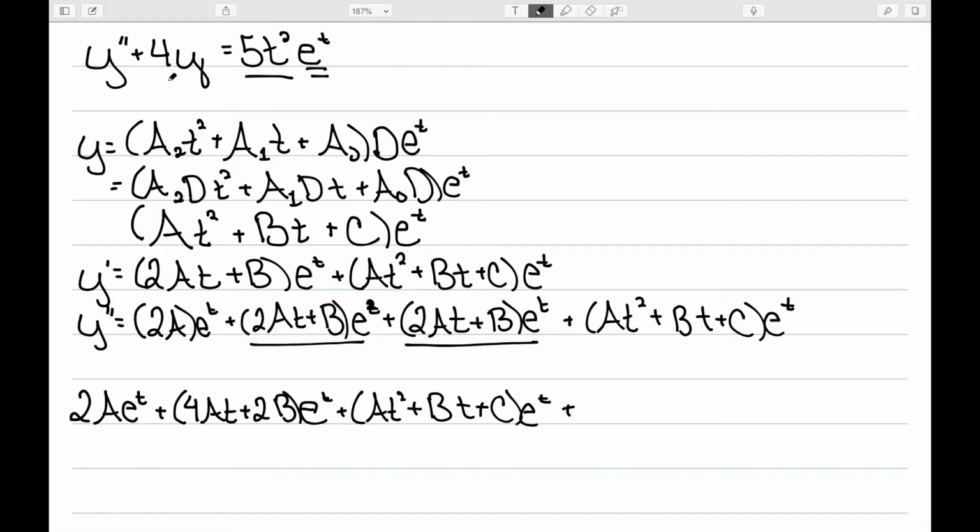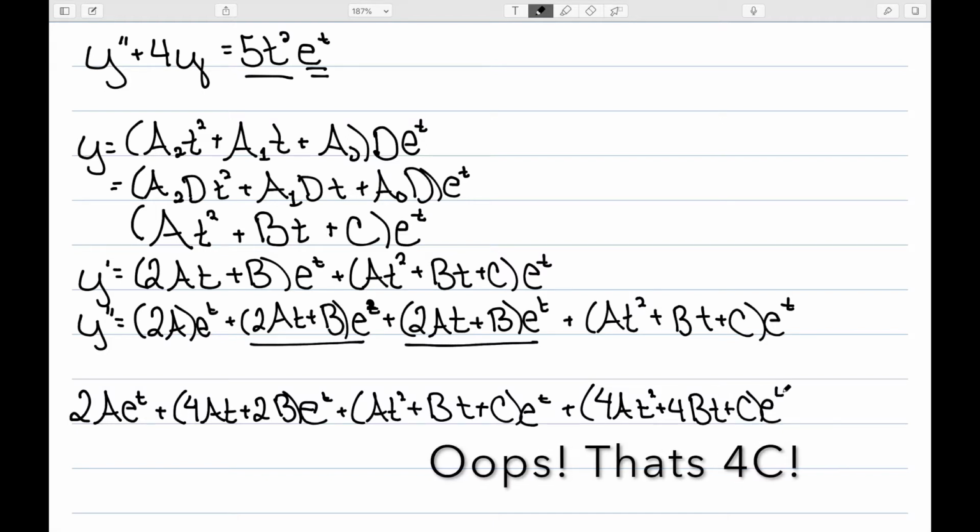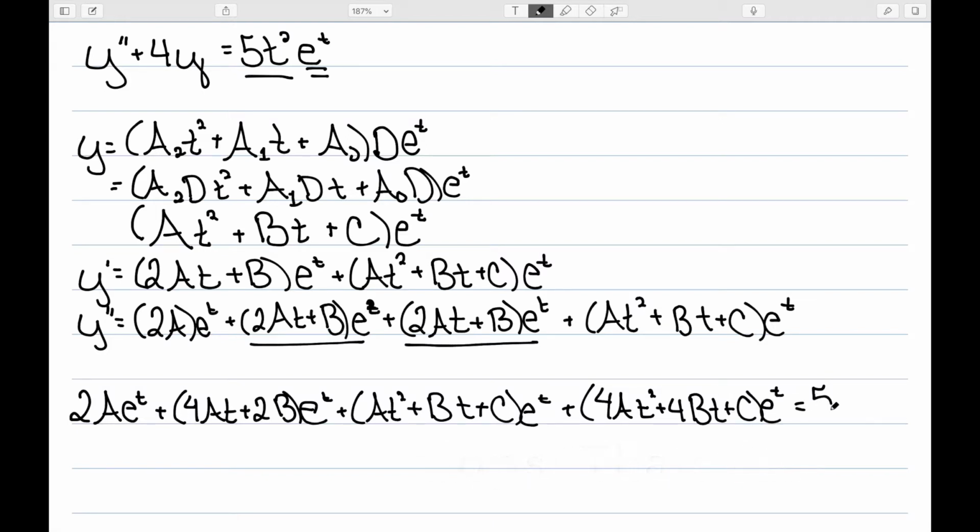And then we need to add 4y, and I'm going to go ahead and distribute the 4 to make this 4a t squared plus 4bt plus 4c times e to the t. And this should be equal to 5t squared e to the t. And once again, we could divide everything through by e to the t and get rid of all of these.